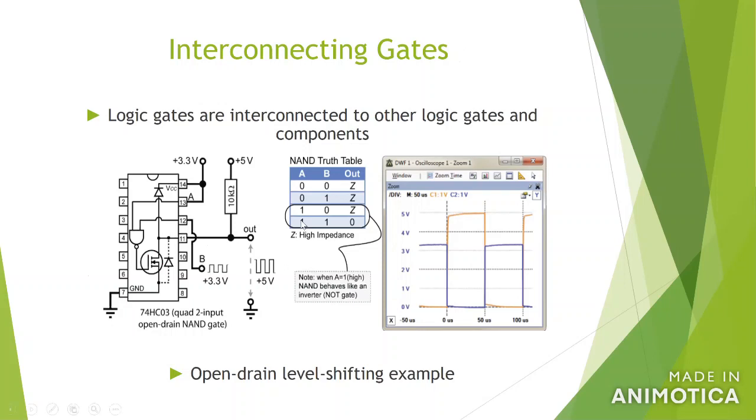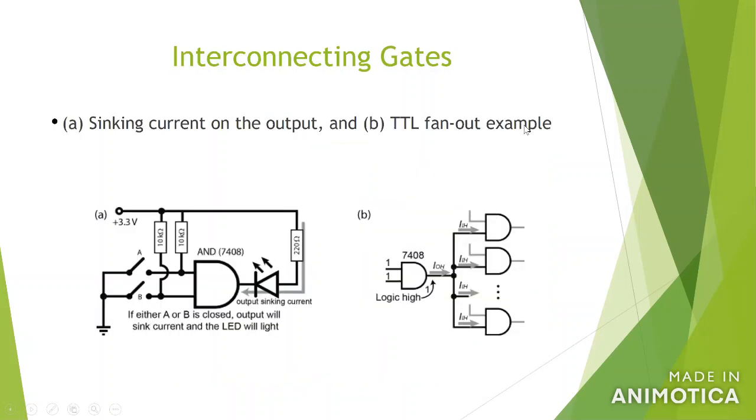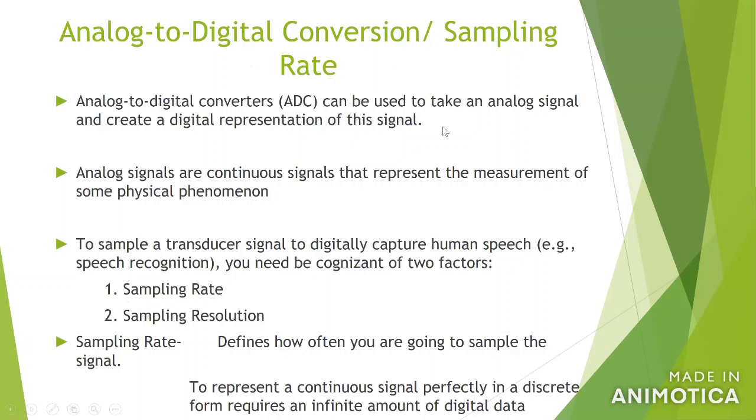Logic gates are actually interconnected to other logic gates and components. So how can you deal with this? If you want to learn how to interconnect gates and other components, you can go to the textbook to learn the details. So let's just skip this.